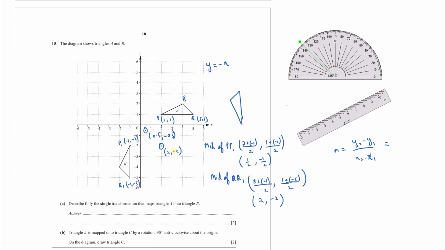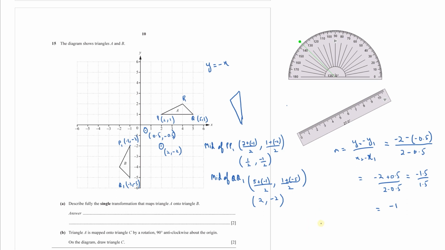So -2 is y2, minus y1, which is minus 0.5, divided by x2, which is 2, minus x1, which is 0.5. So you get -2 plus 0.5 over 2 minus 0.5. This is minus 1.5 over 1.5, which equals -1. So your gradient is -1.